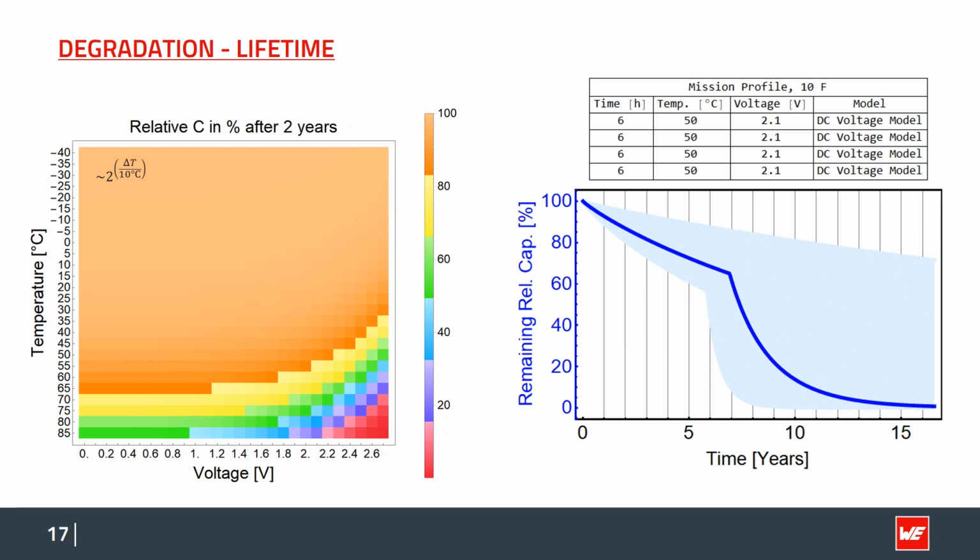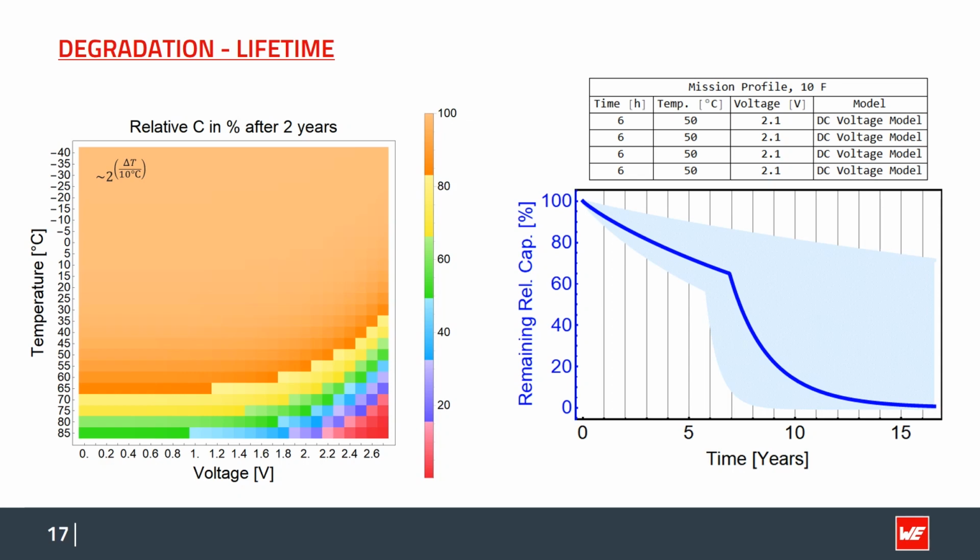For example, if you want to drive the EDLC permanently at 2.7 volts, the operating temperature should not be above 35 degrees.